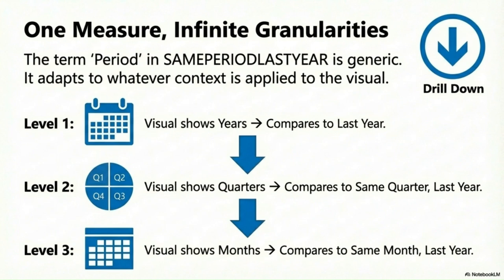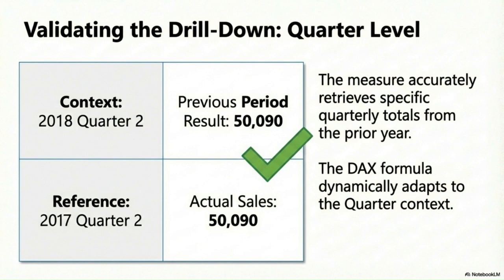Now let's understand the previous year. A previous year means if current year is 2024, previous year will be 2023. This is mainly used for year over year comparison. The DAX formula for this will be like previous year sales.